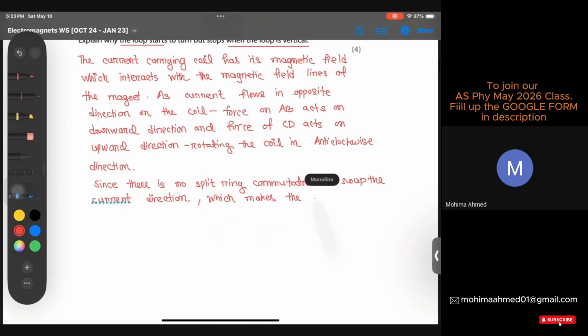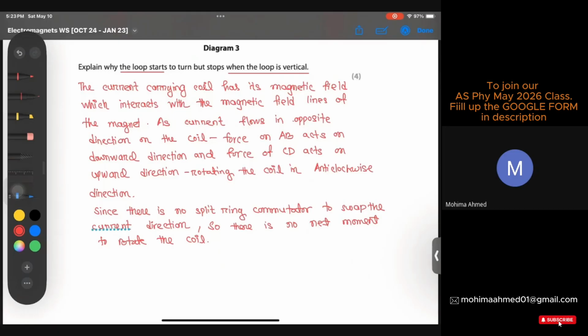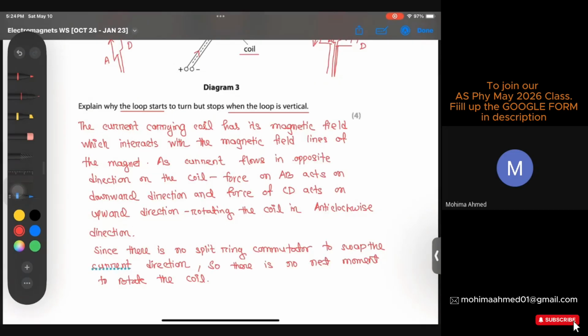So there is no net moment to rotate the coil. Right? That's the final answer that is supposed to be there.